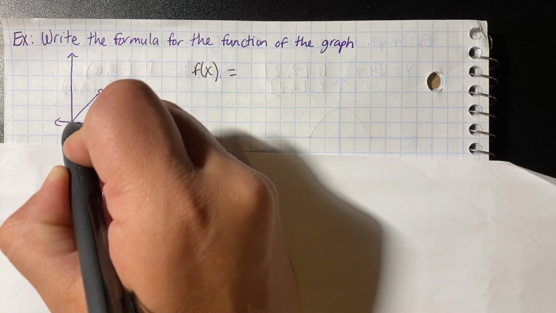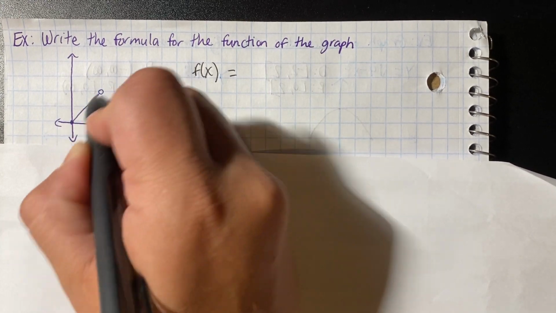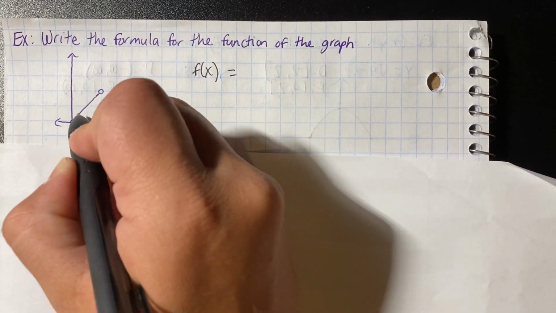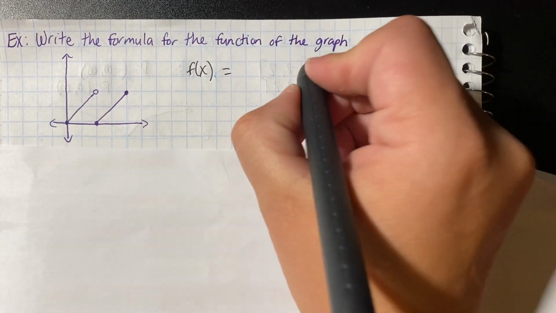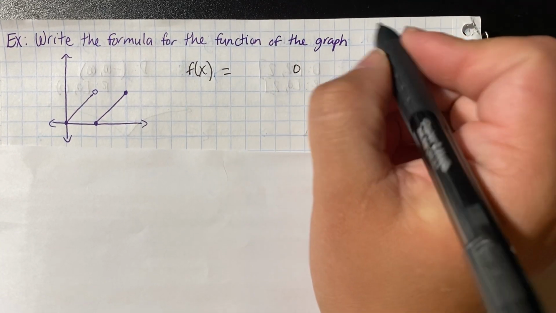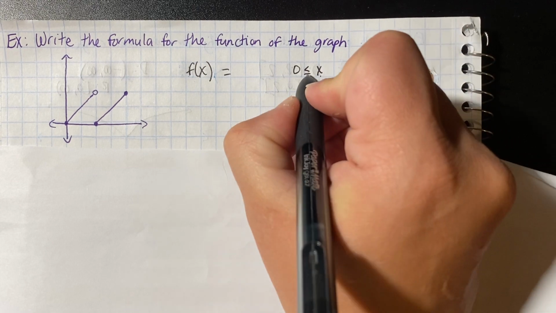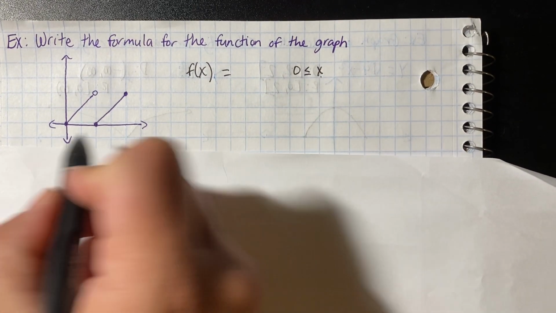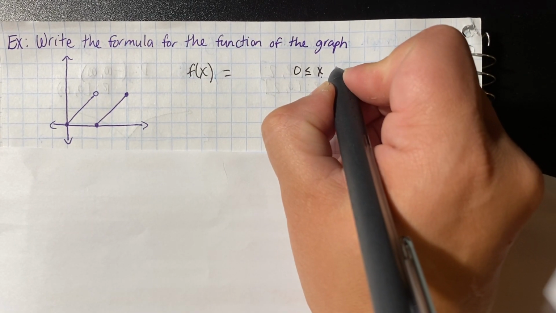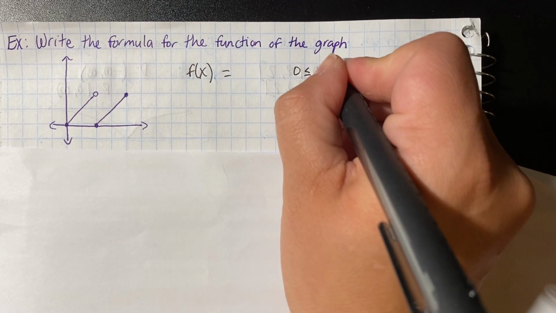We could write our domain for it first. So we start at 0. We want 0 to be included, so x is going to be greater than or equal to 0. And it's going to go to 2, and we're not going to include 2.